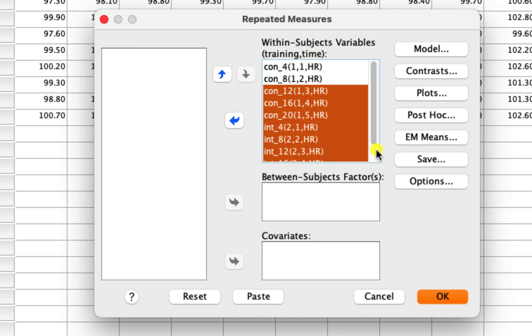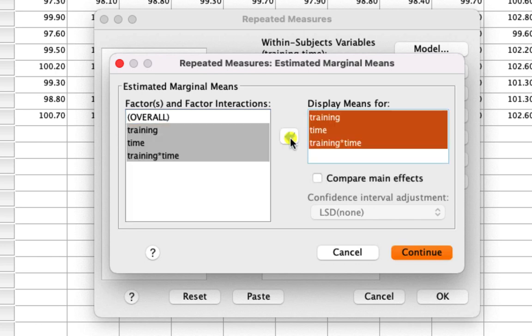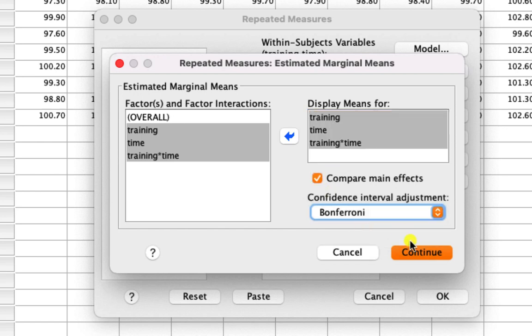Okay. Once you input all of your variables, we can set up our post hoc tests. So I want the main effects, I want pairwise comparisons calculated for both the main effects of training and time, as well as the interaction. So I'll stick those into the display means for box and compare my main effects using a Bonferroni adjustment.